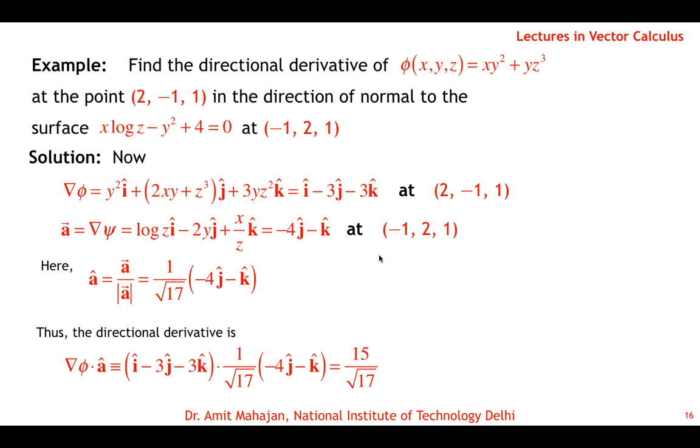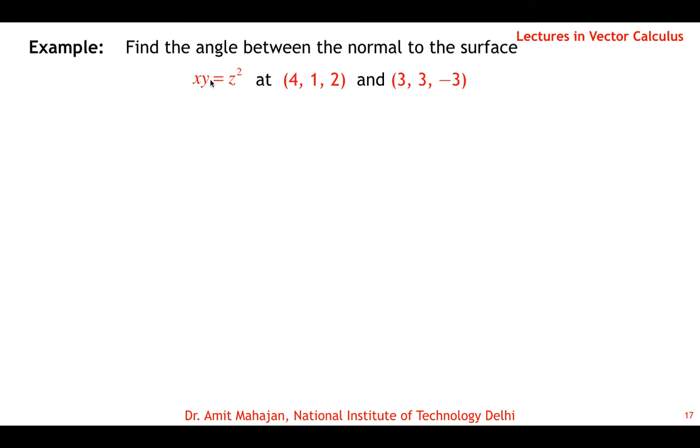Take one more example here. Say find the angle between the normals to the surfaces, where the surface is this, at point 4, 1, 2 and at point 3, 3, minus 3. There is a surface, and if we calculate the normal to this surface at one point, that will be a normal vector at this point. And if we calculate the normal to this at 3, 3, minus 3, that will be another vector.